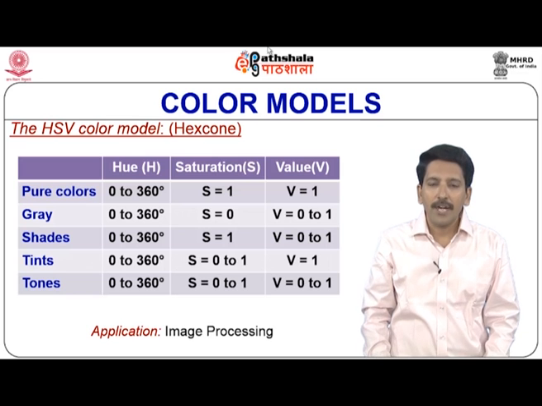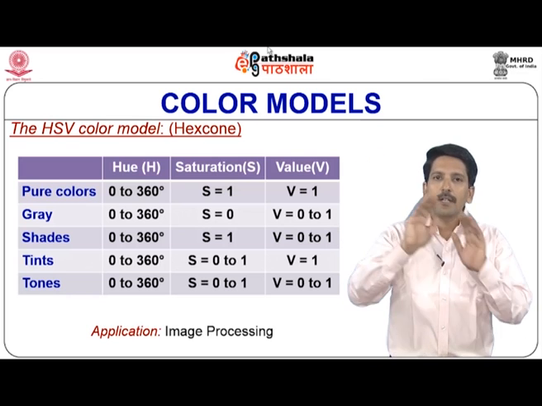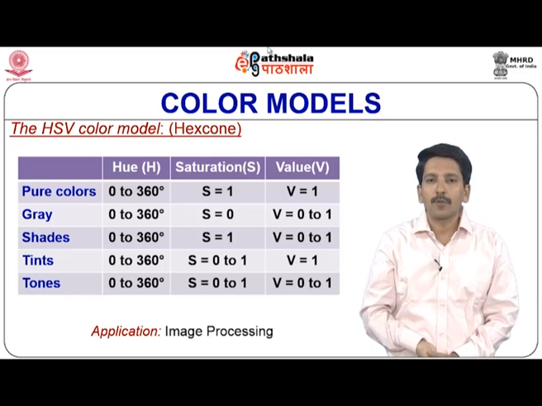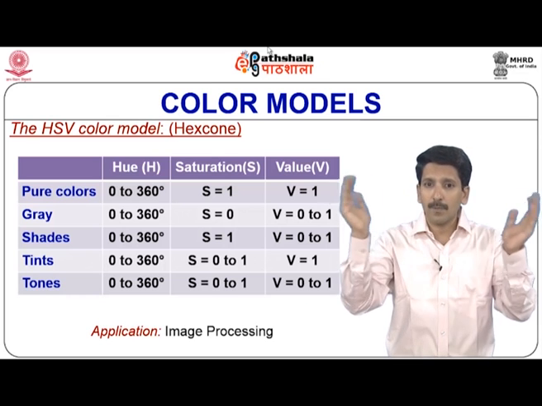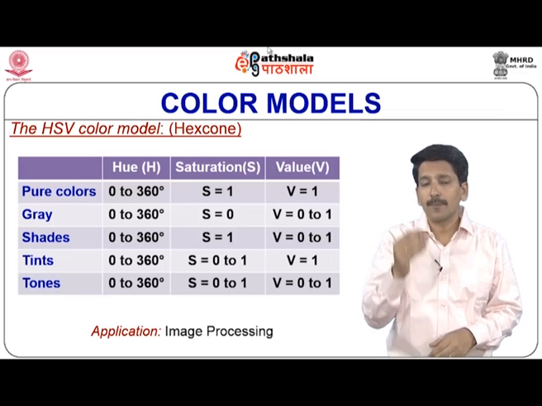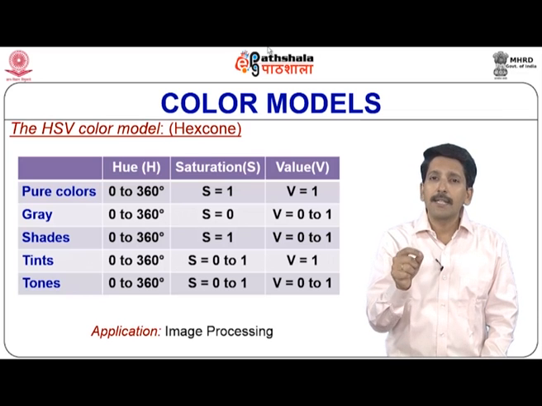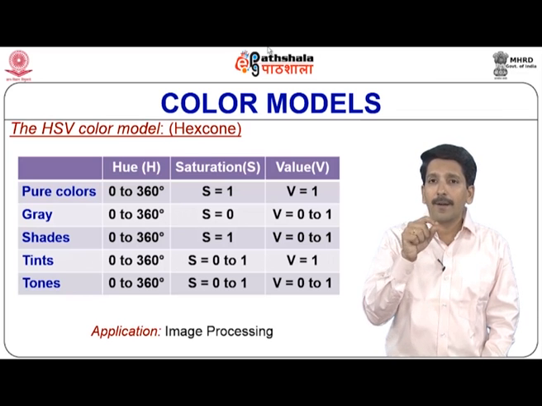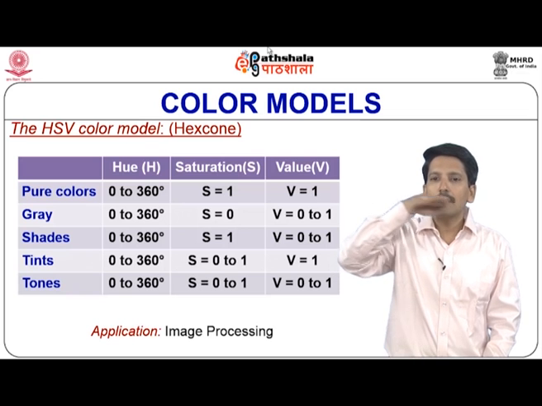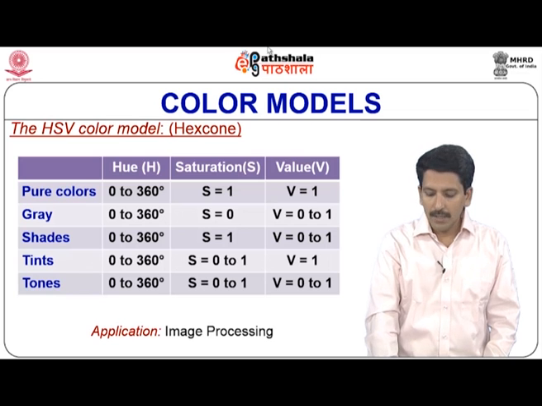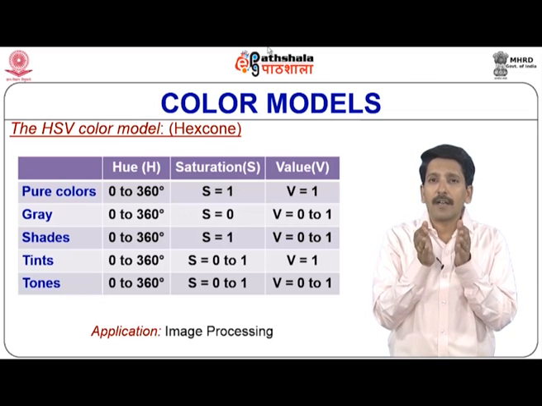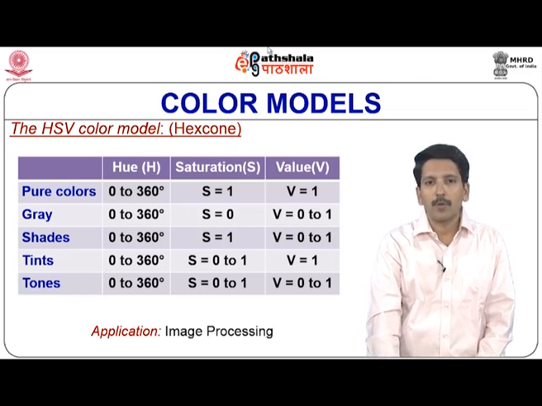For shades, as they are the outer surface of the hex cone, H is 0 to 360, S is 1 because it is the boundary, and V value varies from 0 to 1. Tints: S is 0 to 1, V is equal to 1 because V equal to 1 is the top plane of the hexagonal cone. And tones are all the colors that lie inside the volume of the hex cone.